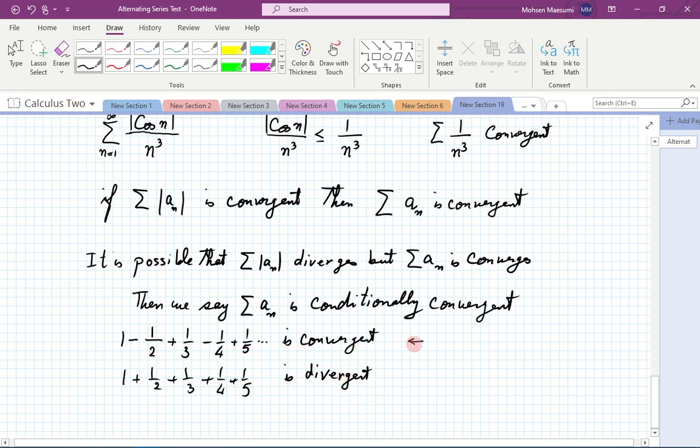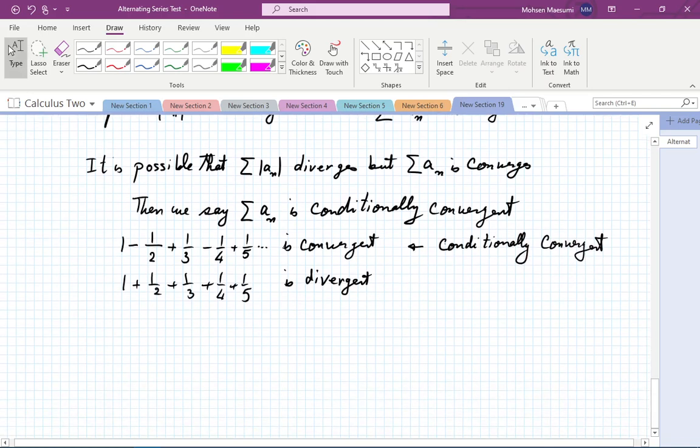This kind of series is going to be called conditionally convergent. That is, you have to keep the flip-flop of the signs in place to have a hope of convergence.